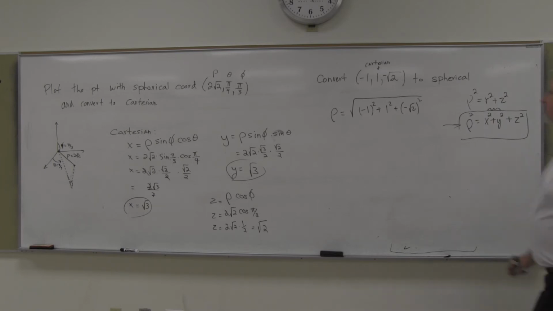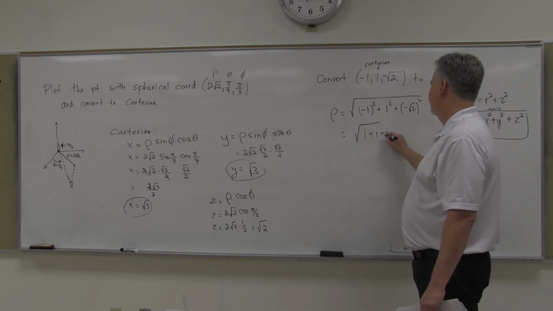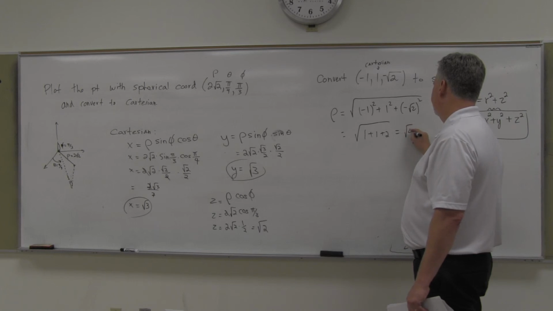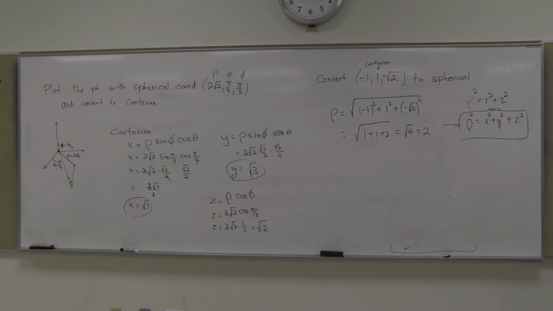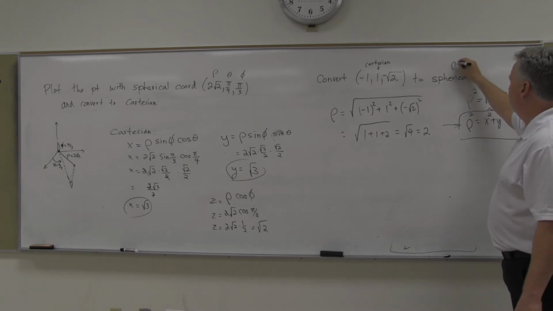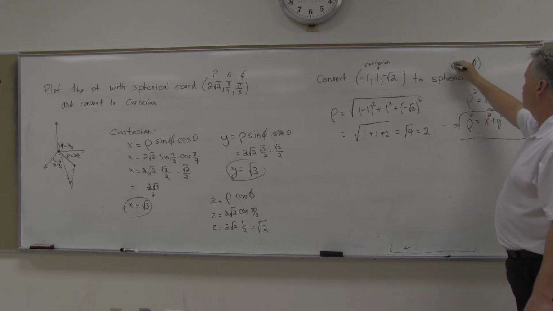Oh, that's nice. 1 plus 1 plus 2, or 4. Rho is 2. All right, what else do we need? For spherical, we need rho, we need theta, and we need phi.